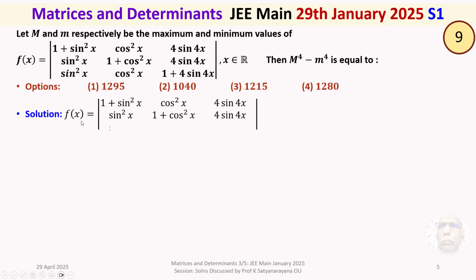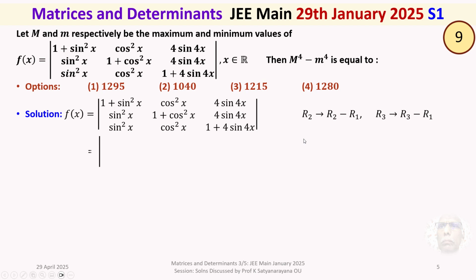We take f(x), which is given as a 3 by 3 matrix whose entries are functions of x. So we want f(x). Once we get f(x), then we can talk about maximum and minimum values. To evaluate this determinant, I make 2 elementary row operations: R2 is R2 minus R1 and R3 is R3 minus R1.